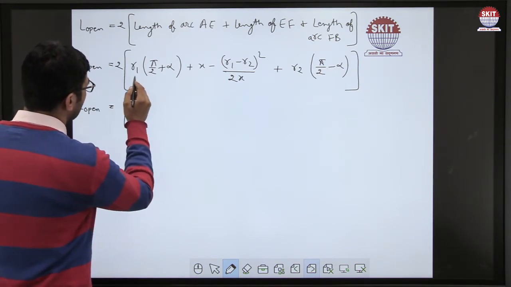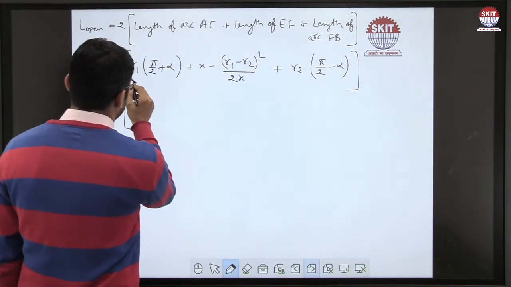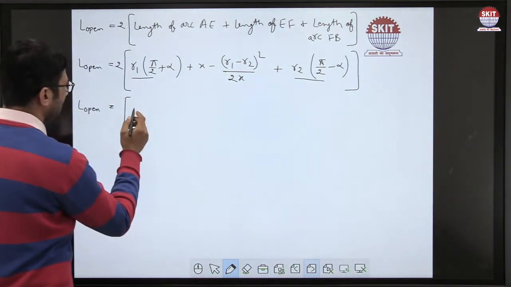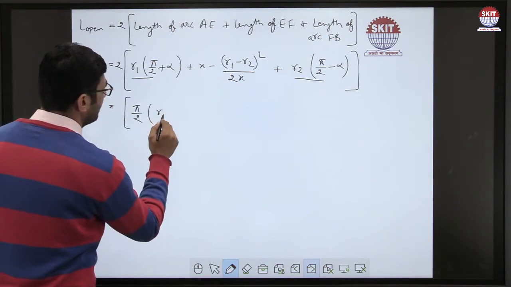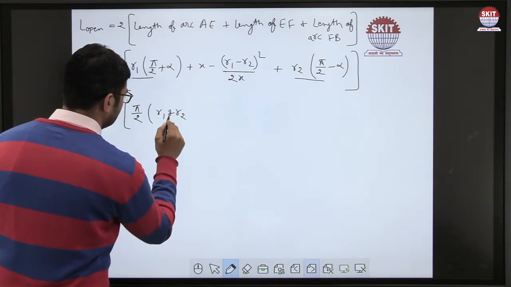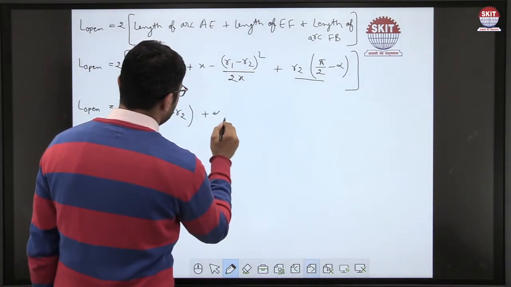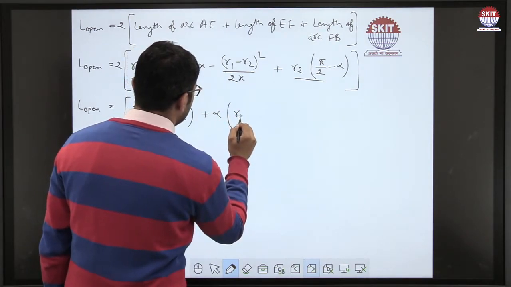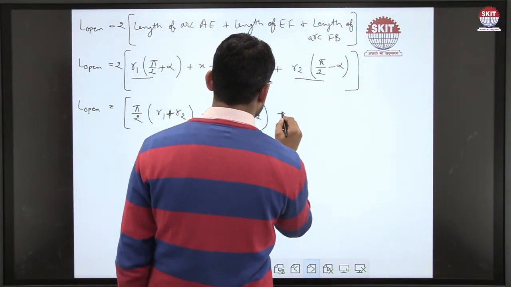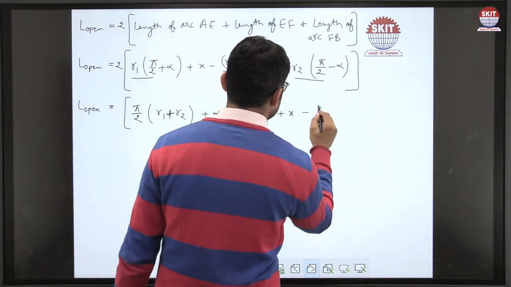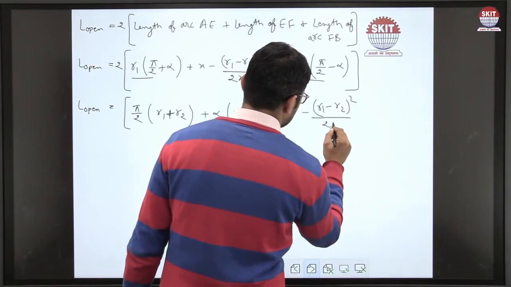We take common the pi by 2, and inside remain R1 plus R2, and we take common the alpha, then inside remain R1 minus R2, and the other terms remain the same, plus x minus R1 minus R2 whole square upon 2x.